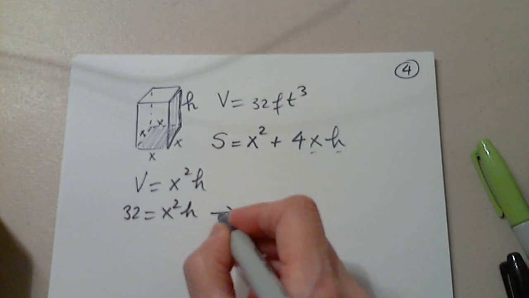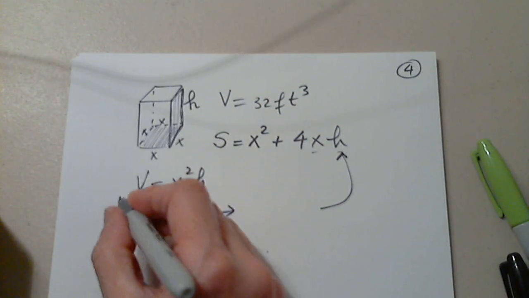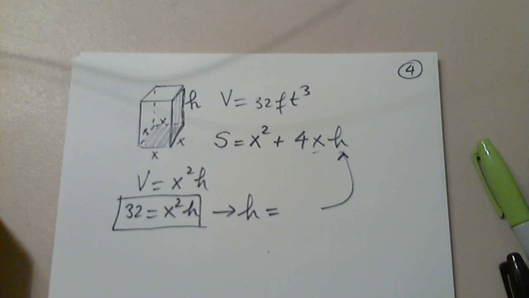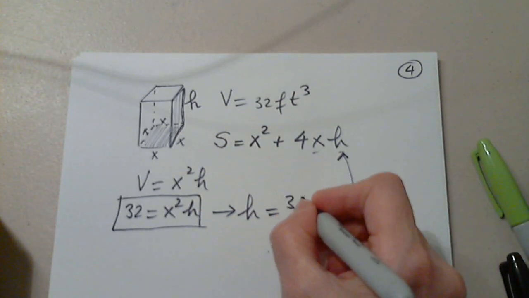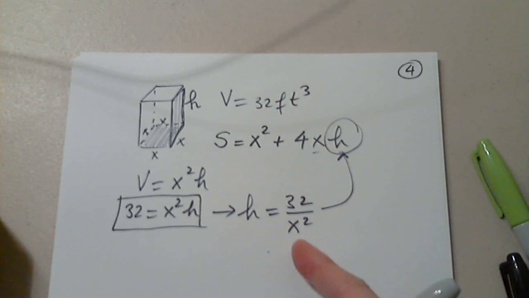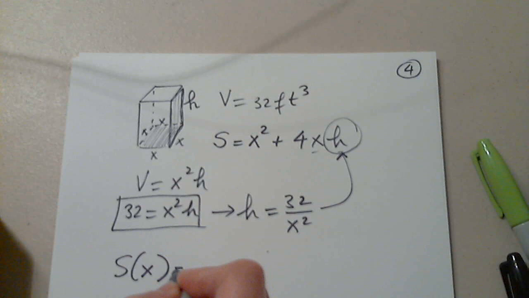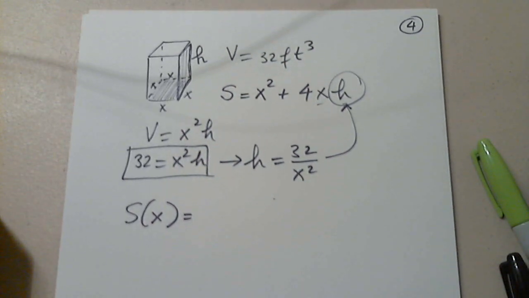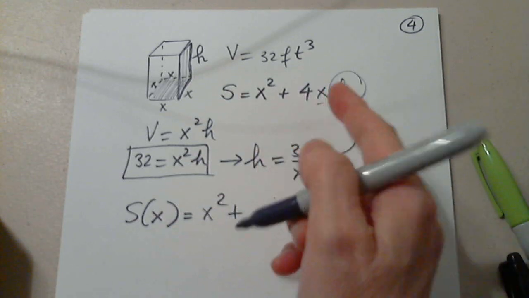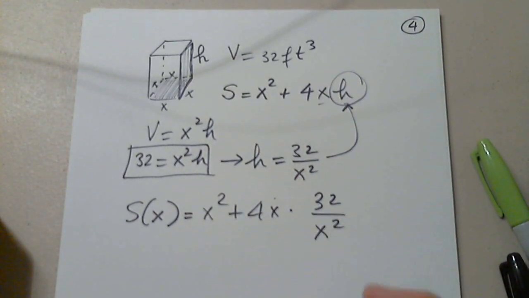I can solve this for h and later on plug it in. Can anyone solve this equation for h? H is equal to 32 over x squared. Perfect. Awesome. So now I will replace h by 32 over x squared, and now finally this is indeed a function of one variable. x squared plus 4x times 32 over x squared.